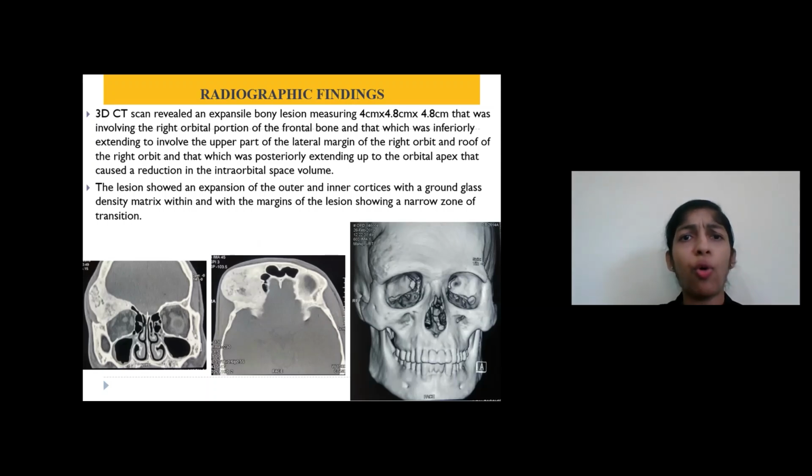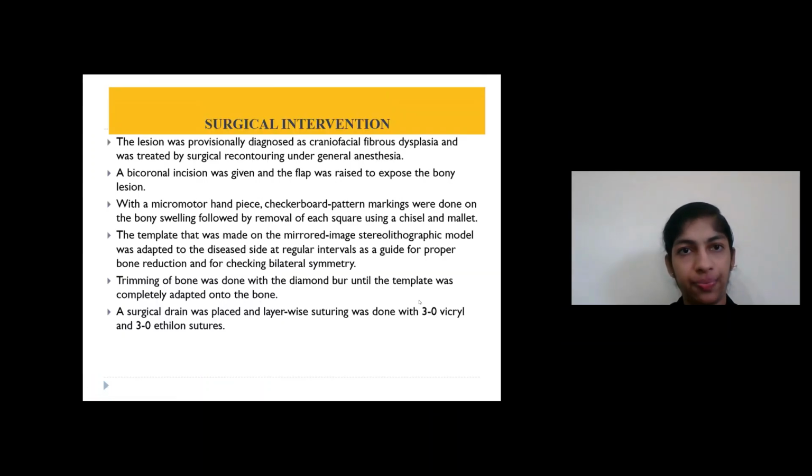The lesion showed an expansion of the outer and inner cortices with a ground glass density matrix within, and the margins of the lesion showed a narrow zone of transition.